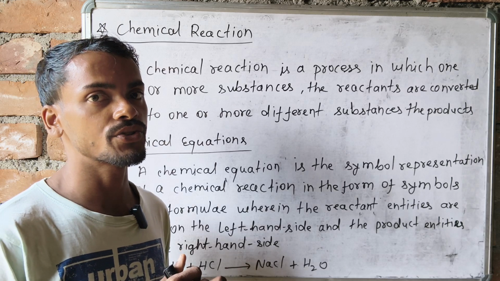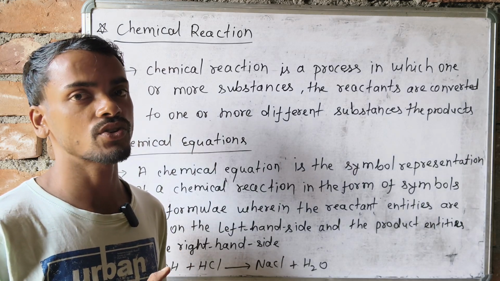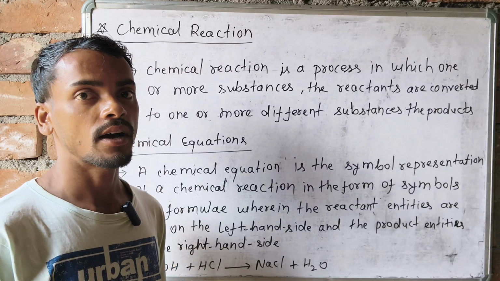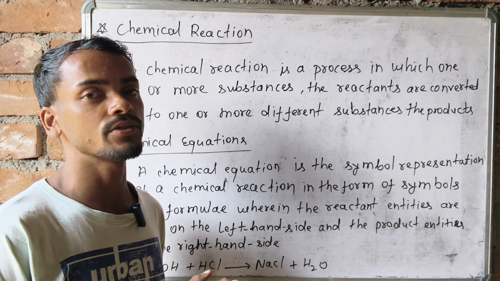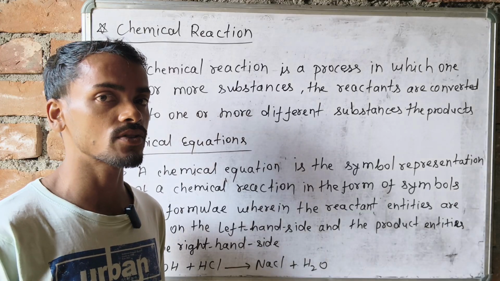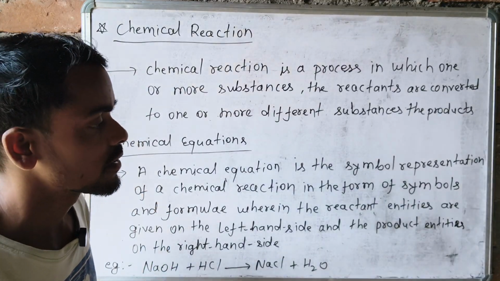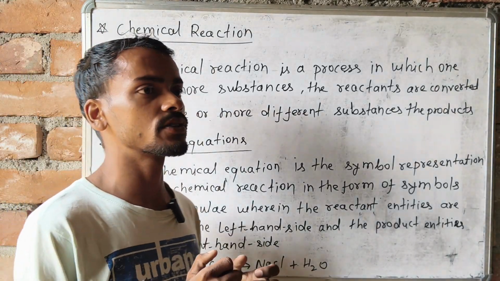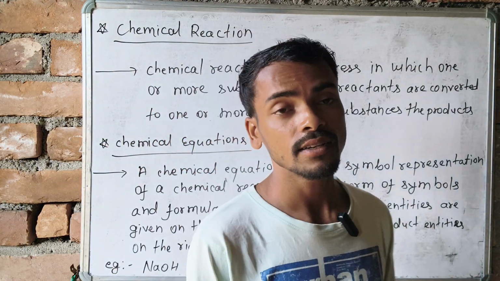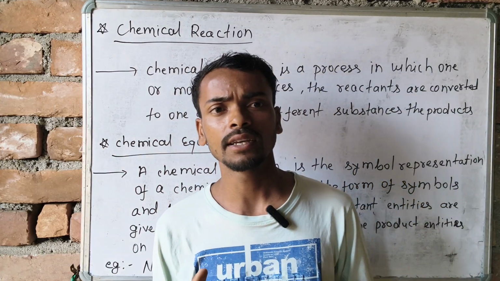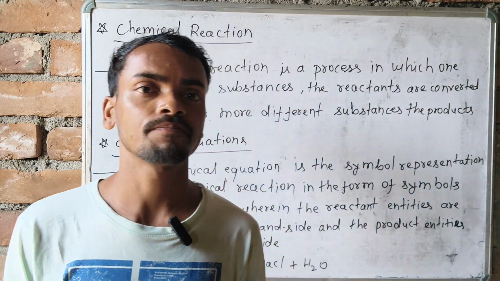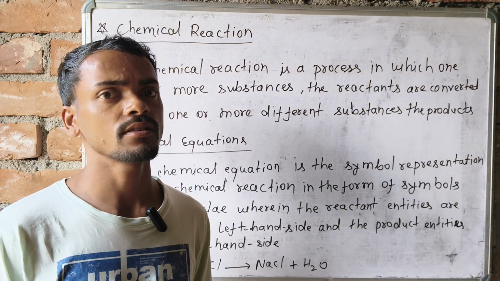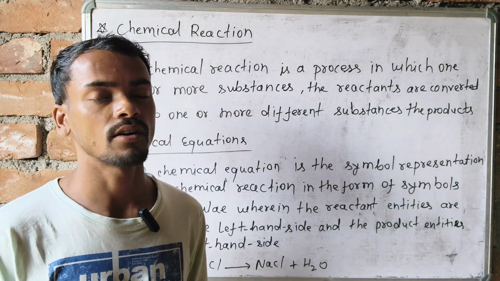That is the rust of iron. We are going to study this in the last topic, the corrosion topic, the rusting of iron. In that process, what do we see? We saw some new product form. And that is called a chemical change.